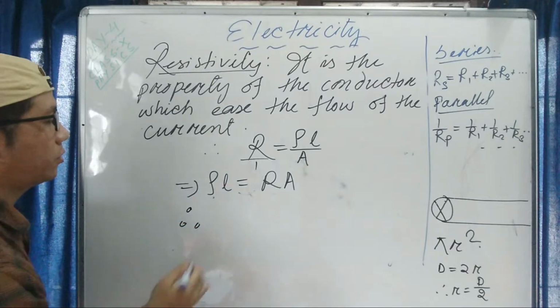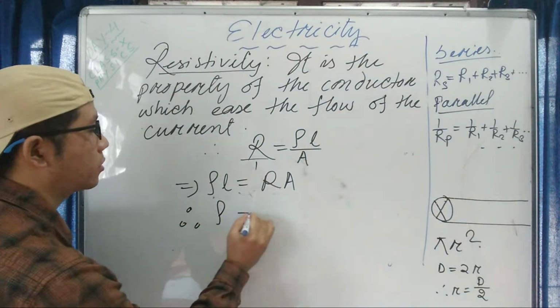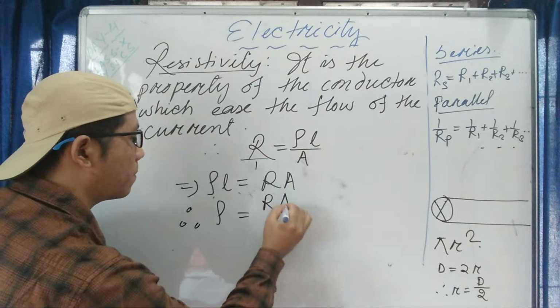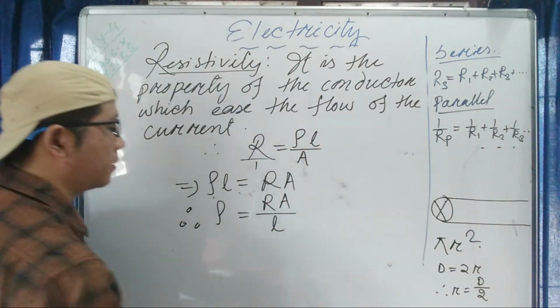Therefore, what we can do here is rho equals RA by L.